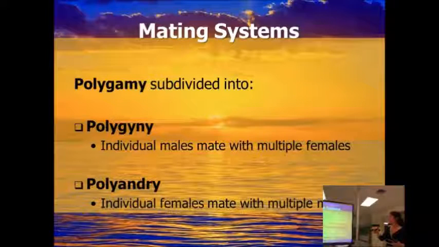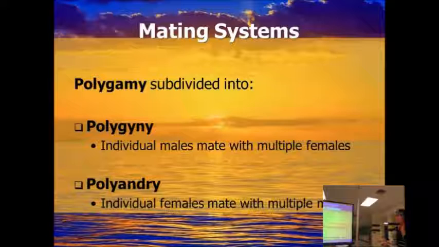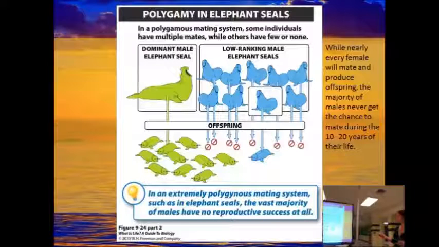We can subdivide polygamy into polygyny, where individual males mate with multiple females, and polyandry, where individual females mate with multiple males. So monogamy is 2 individuals, polygamy is 1 with multiple, and if it's polygyny, it's males with multiple females, and if it's polyandry, it's females with multiple males.